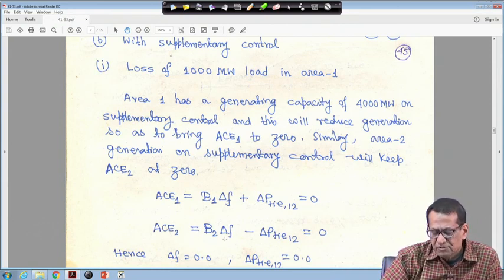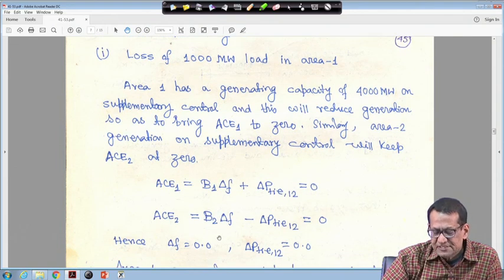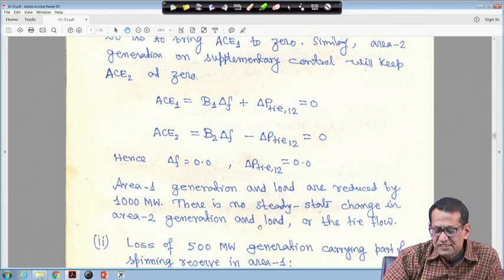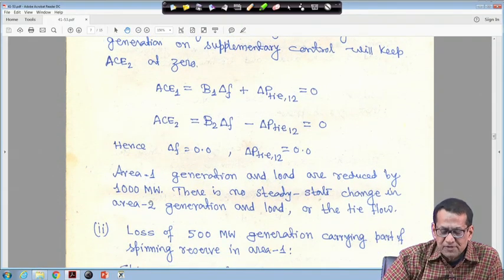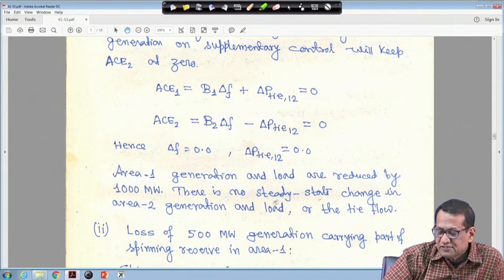ACE2 also is B2 delta F2 and A12 is minus 1, since we have taken the same area capacity. So, minus delta P tie 1-2 is equal to 0. Hence, delta F is equal to 0 and delta P tie 1-2 is 0, right. So, area 1 generation and load are reduced by 1000 megawatt. So, there is no steady state change in area 2 generation, load or the tie flow, right.